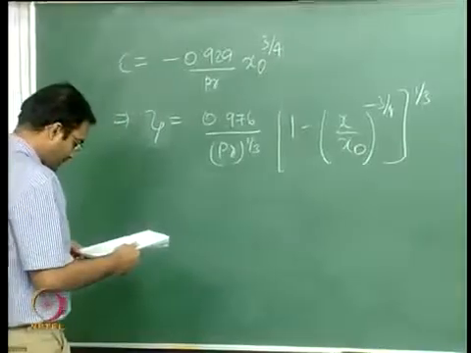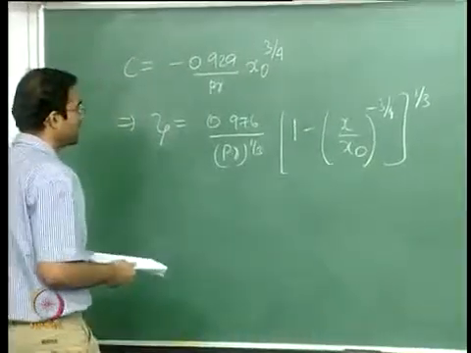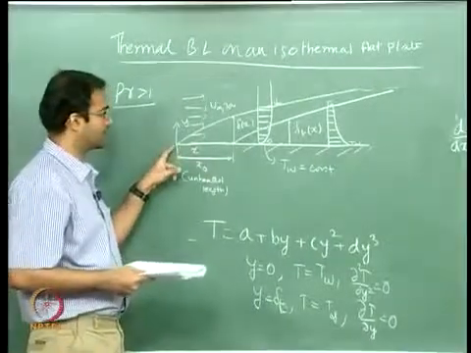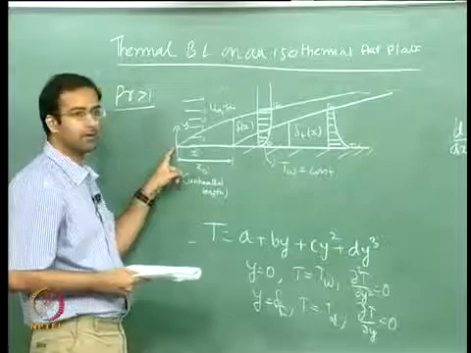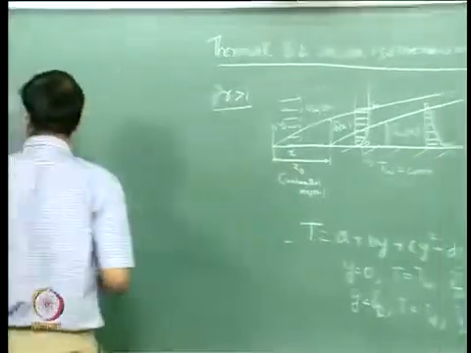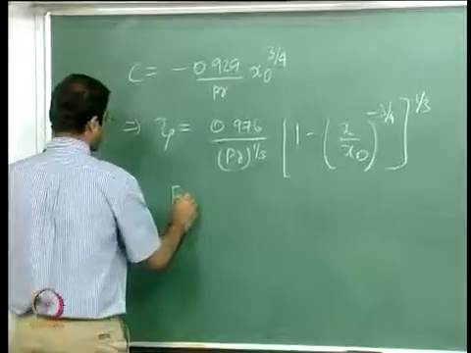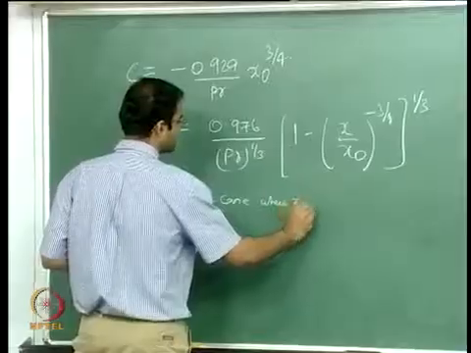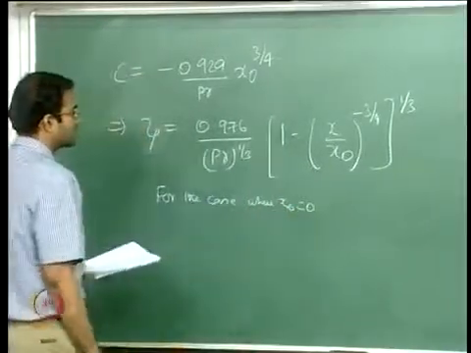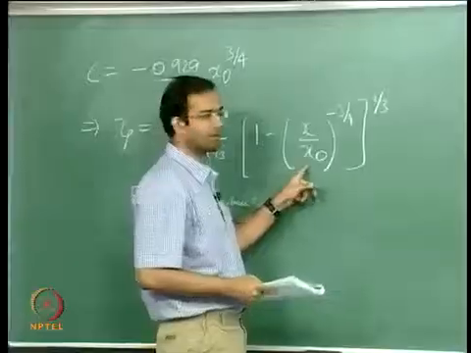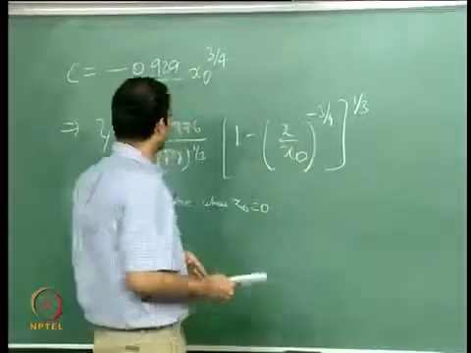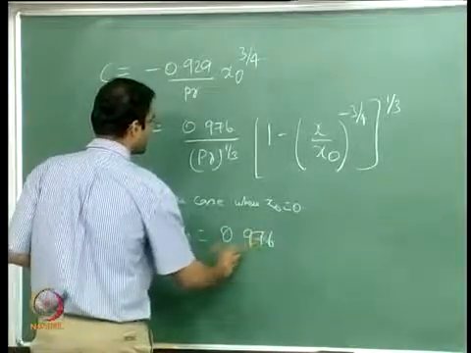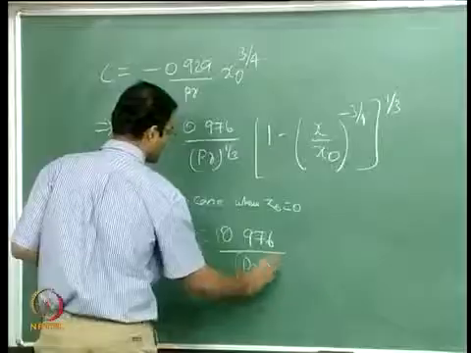And to derive a specific case, for the case where you do not have the unheated length, that is, you start maintaining a wall temperature condition right from the beginning at x equal to 0, where x naught equal to 0, this x naught by x to the power 3 by 4 will go to 0, and therefore your zeta will be simply 0.976 divided by Prandtl raised to the power 1 by 3.